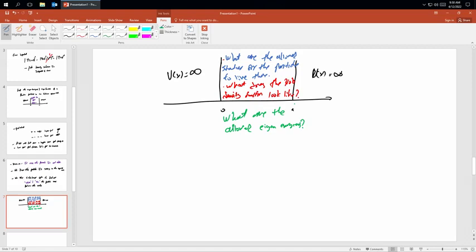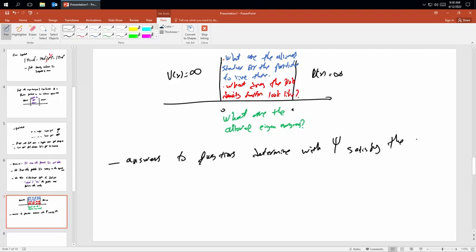So your answers to those questions determine which wave function psi satisfy the boundary condition. And let me actually just write this down. BC is boundary condition.